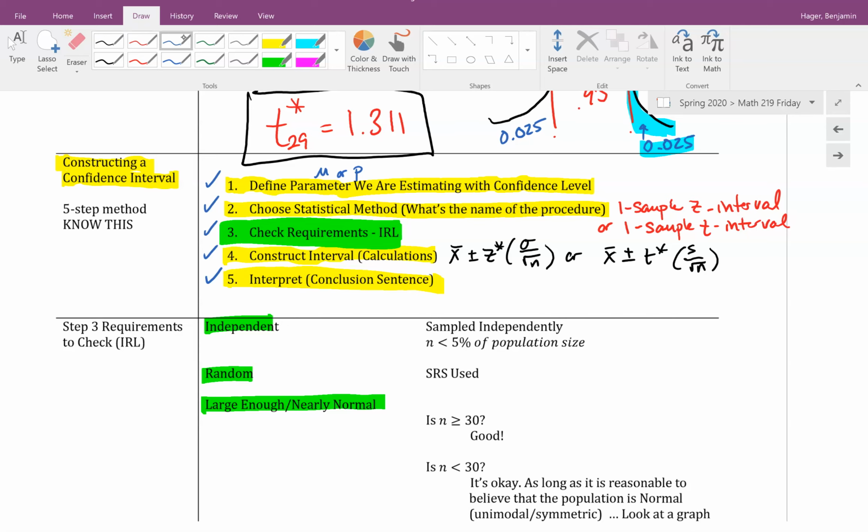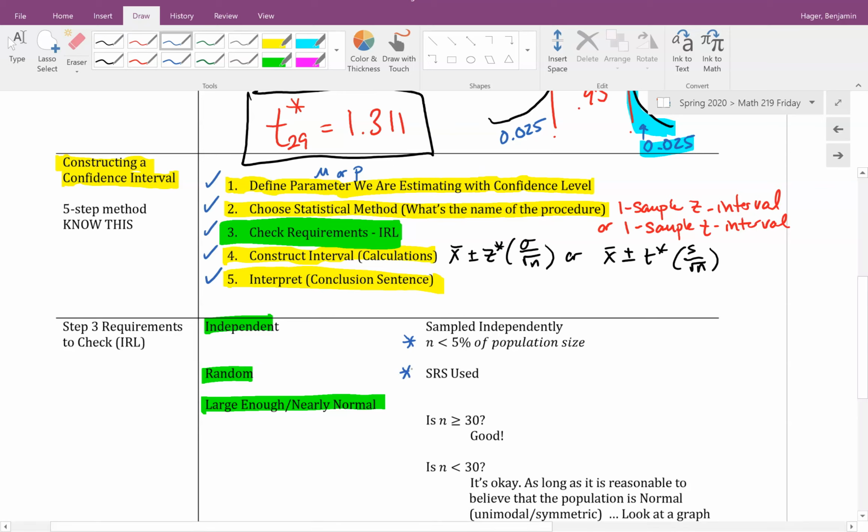But what we rely on heavily, remember, is this 5% rule. Most of the time, that's what bails us out. As long as our sample size is small in comparison to the entire population, under 5%, then we can safely say that, even though we may not be sampling independently, the difference in the numbers is going to be so minimal that we don't care. We're just going to take the easy way out and assume we are.